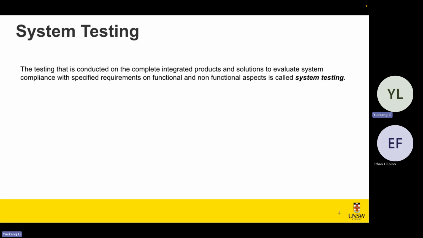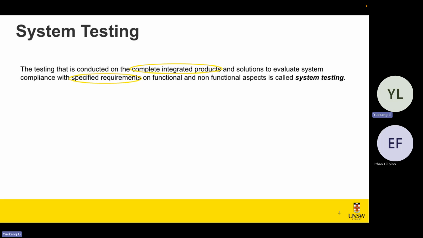For system testing, again, there's a very formal definition in the textbook. It is conducted on the complete integrated product, so we try to test everything. This is the keyword. Remember we learned the big bang integration, which also combines everything together for testing.